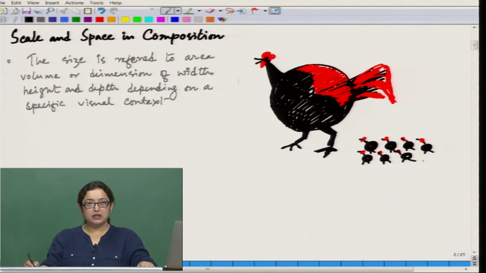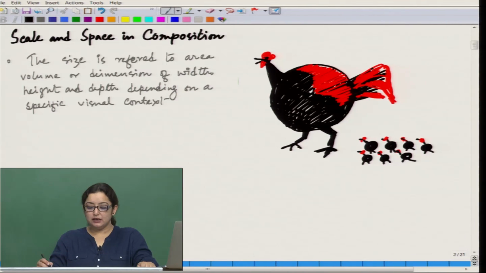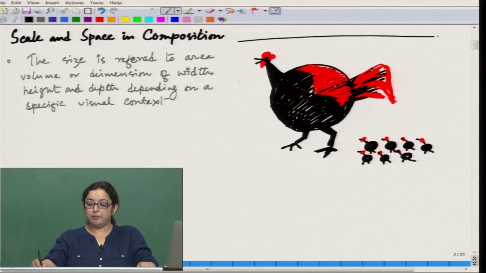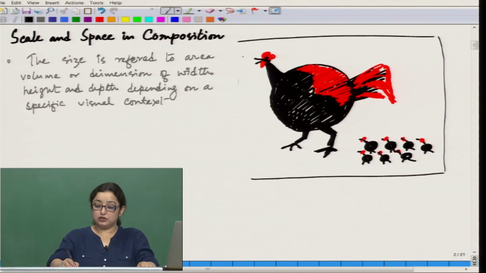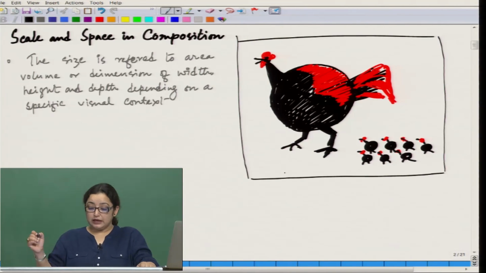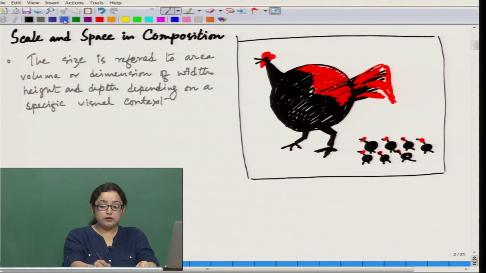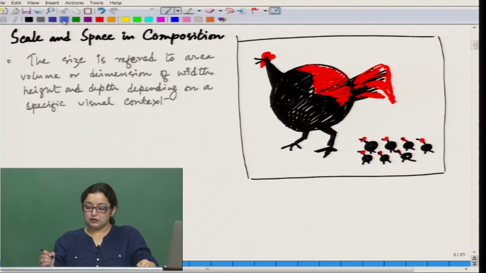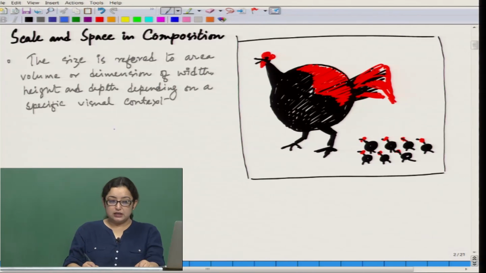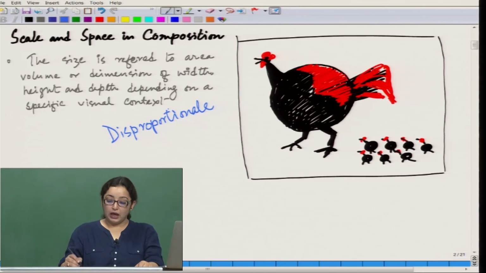So, by repetition or by similarity they get connected, they become part of a single composition. But it also happens that when we look at this, we feel that one object here is a little disproportionate, and disproportionately large.